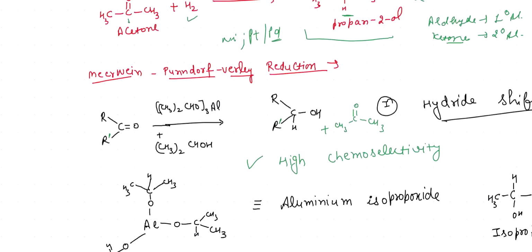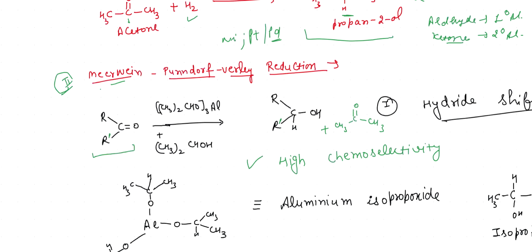Okay. Look, this is some other kind of reaction that is known as Meerwein-Ponndorf-Verley reduction. So in this reaction, what is happening? This is your ketone in which there are two R groups.